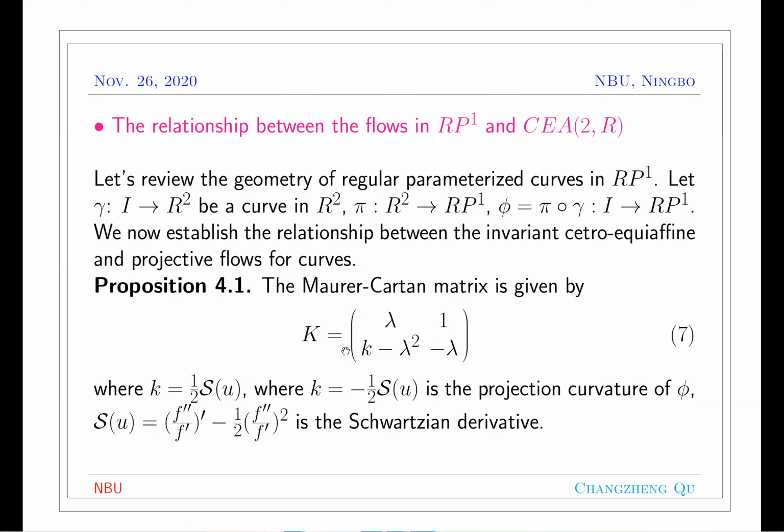Using the moving frame, we can prove that this is a Maurer-Cartan matrix given by this one. K is actually the Schwarz derivative, as mentioned before, and S is the projective curvature of phi.